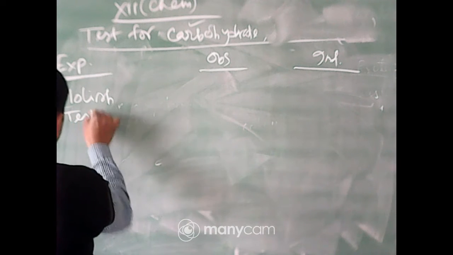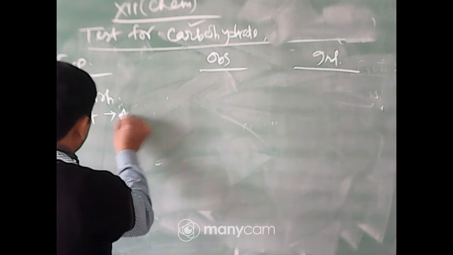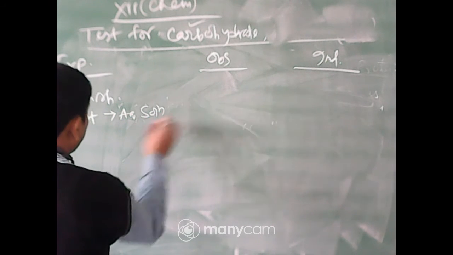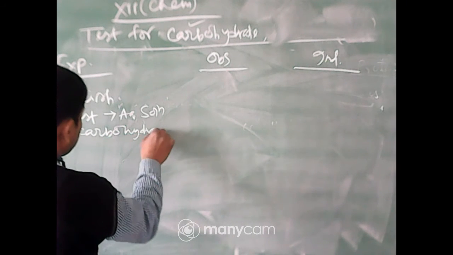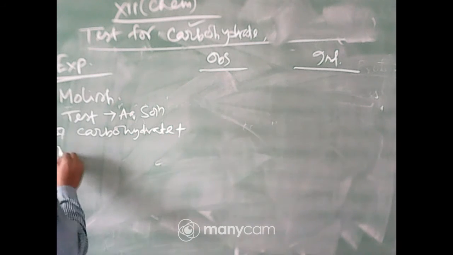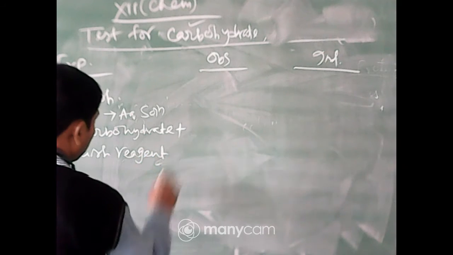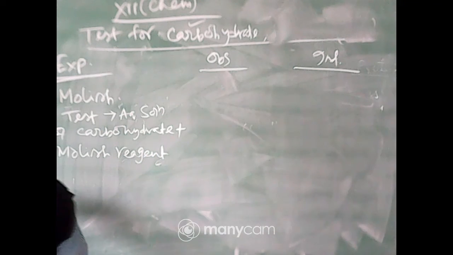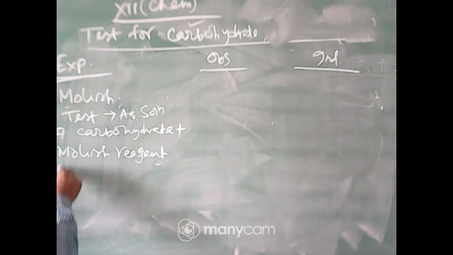How to do the Molisch test? The aqueous solution of carbohydrate plus Molisch reagent. What is Molisch reagent? That is a solution of alpha naphthol, a 1% alcoholic solution of alpha naphthol.